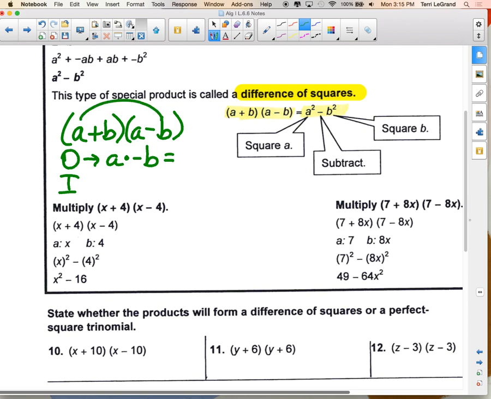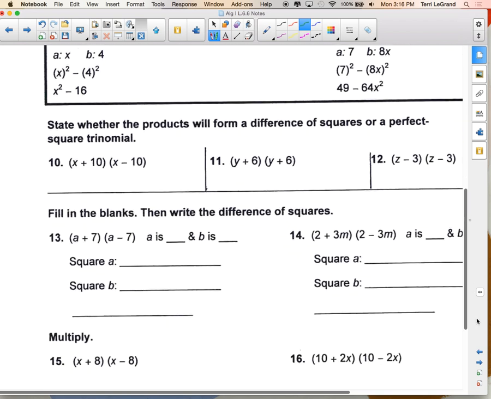A positive times a negative is a negative, and A times B is AB. And the I step would be B times A, but algebra says let the A be first. They cancel each other out. They are opposites, aren't they? So that's why we don't even have to worry about the middle terms. We get to just say do the first multiplication, the last multiplication, and you put a subtraction.